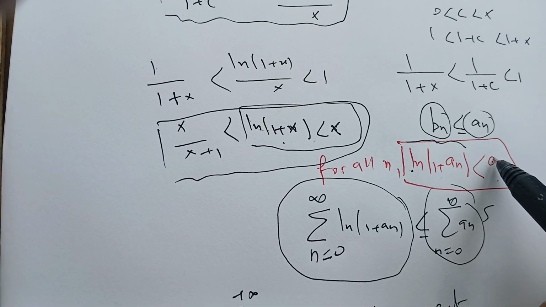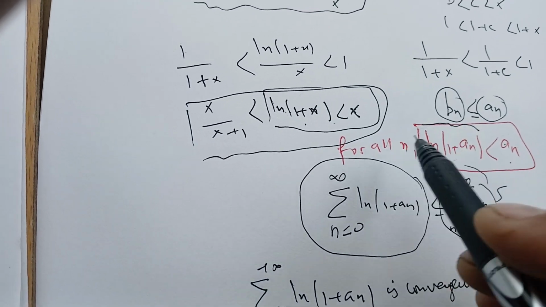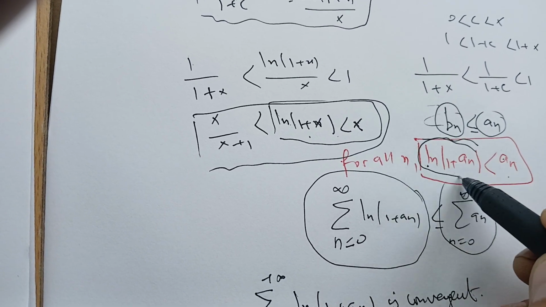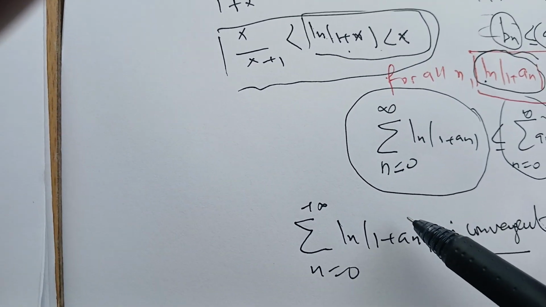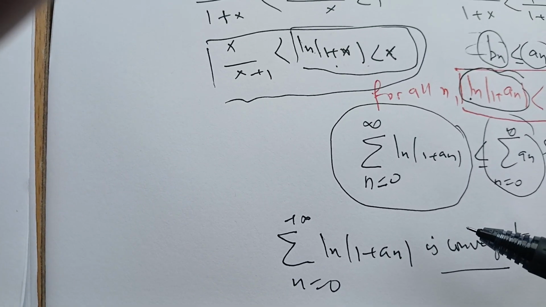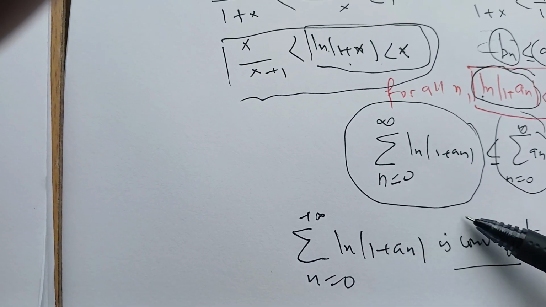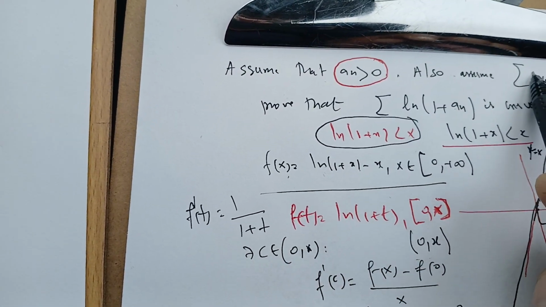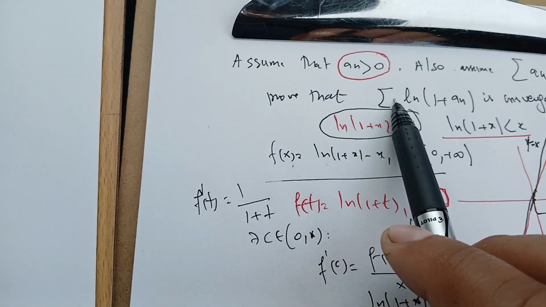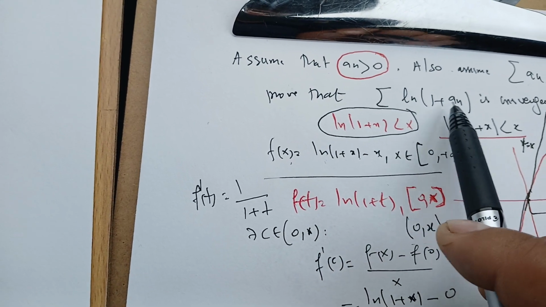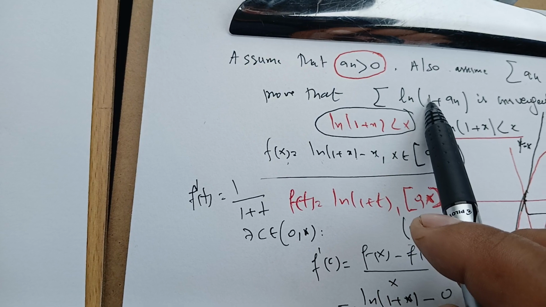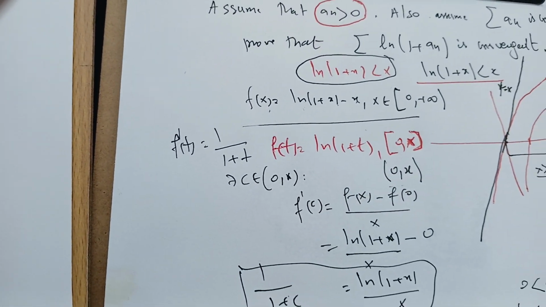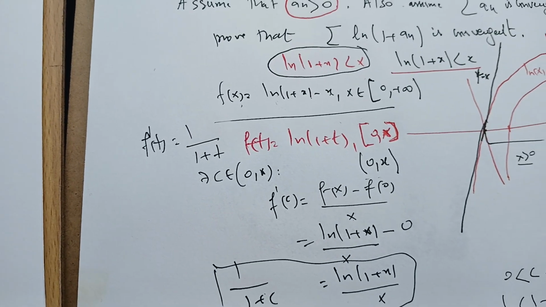Therefore, the comparison test lets us conclude that this series b_n, which is this one here, is convergent. And that's what we did. These are the conditions for the comparison test, and this is the conclusion. Therefore, if we assume that a_n is bigger than 0 and the series of a_n is convergent, the series defined by the natural log of 1 plus a_n is also convergent. I think this proves our result, and we end our video here.